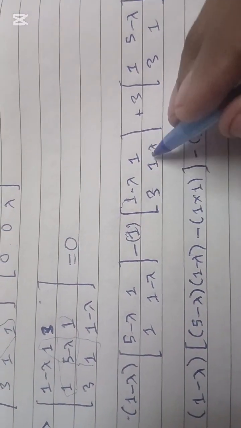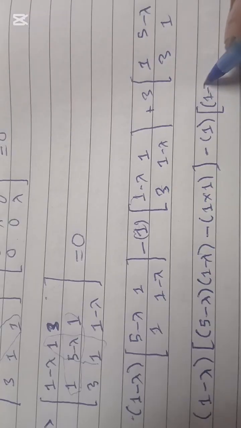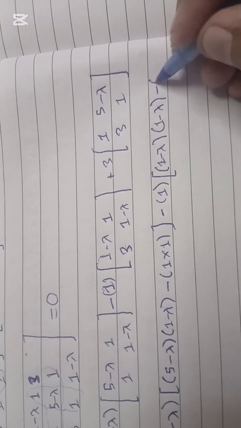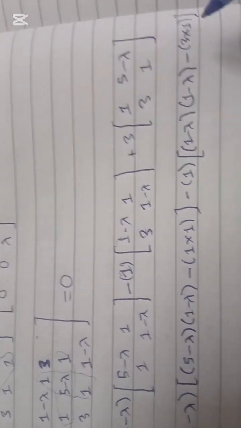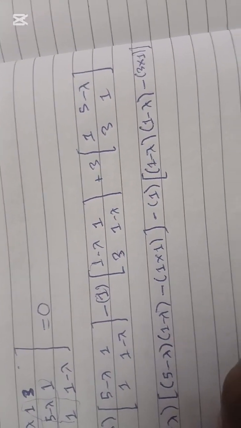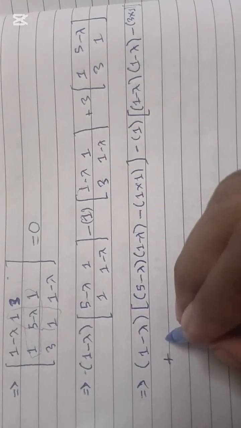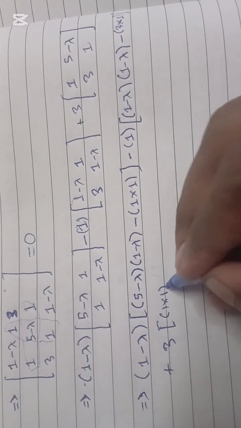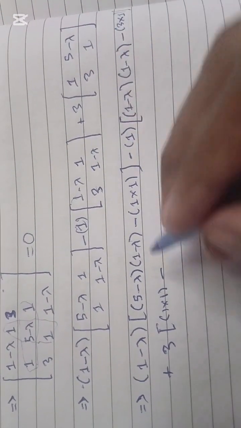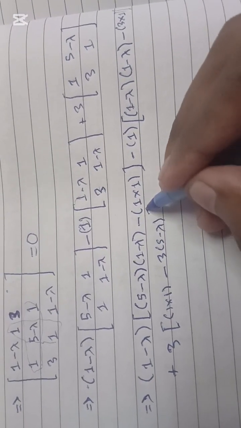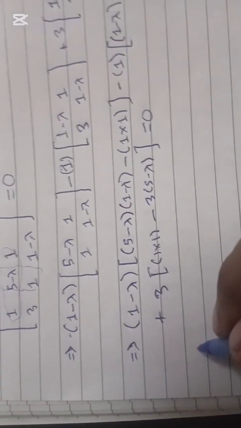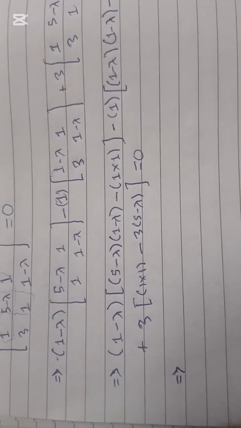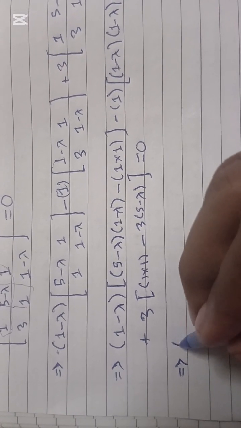This times this minus this times this, so 3 times 1, 1 times 1 minus 3 times 5 minus lambda equals 0. So we do the math and we come up with the equation.